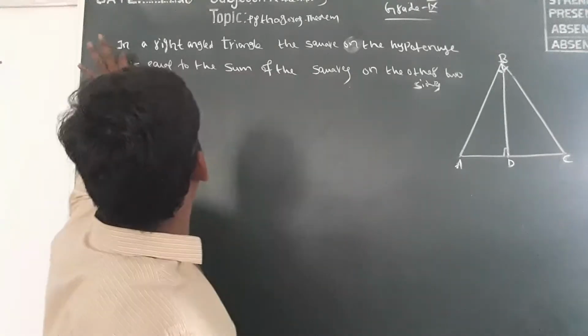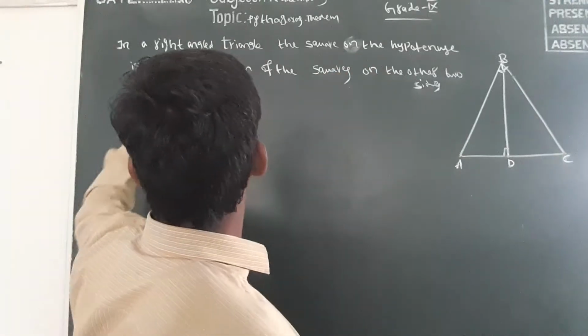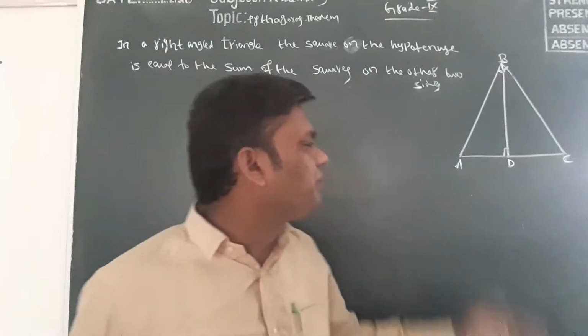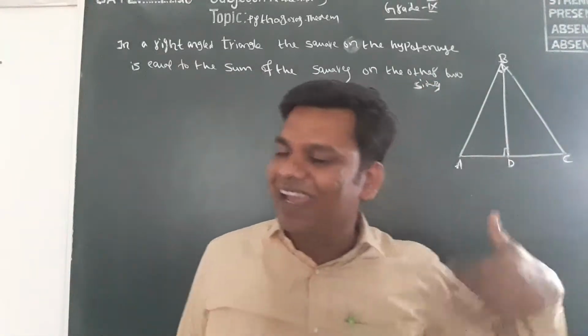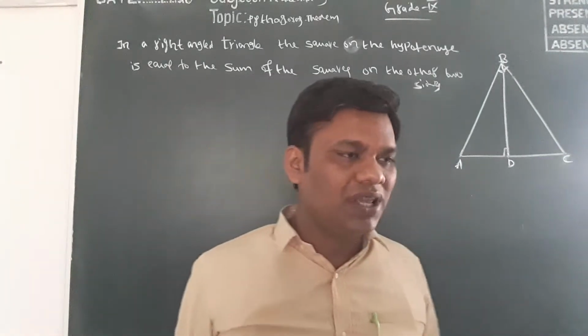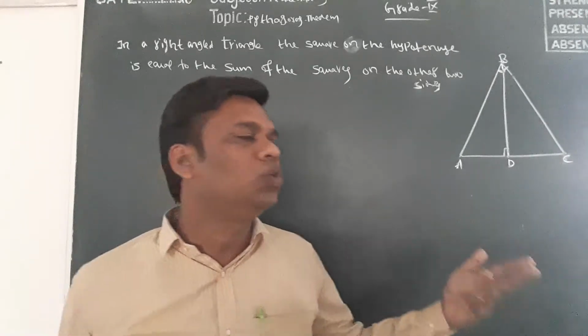In a right angle triangle, the square of the hypotenuse is equal to the sum of the squares of the other two sides. This is the statement.